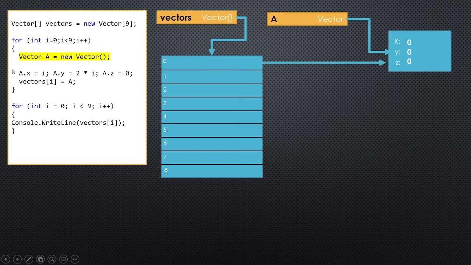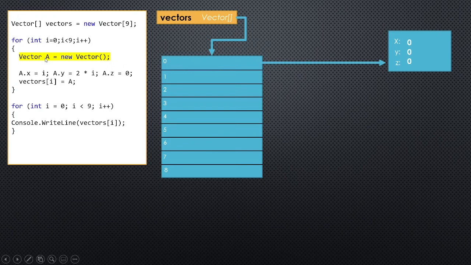Now, this for loop ends and begins again with the next iteration. Since vector A was created inside of this loop, the actual reference object, vector A, disappears. But this object over here in memory still has a reference pointing to it. And so it is still attached and usable by referencing vectors[0].